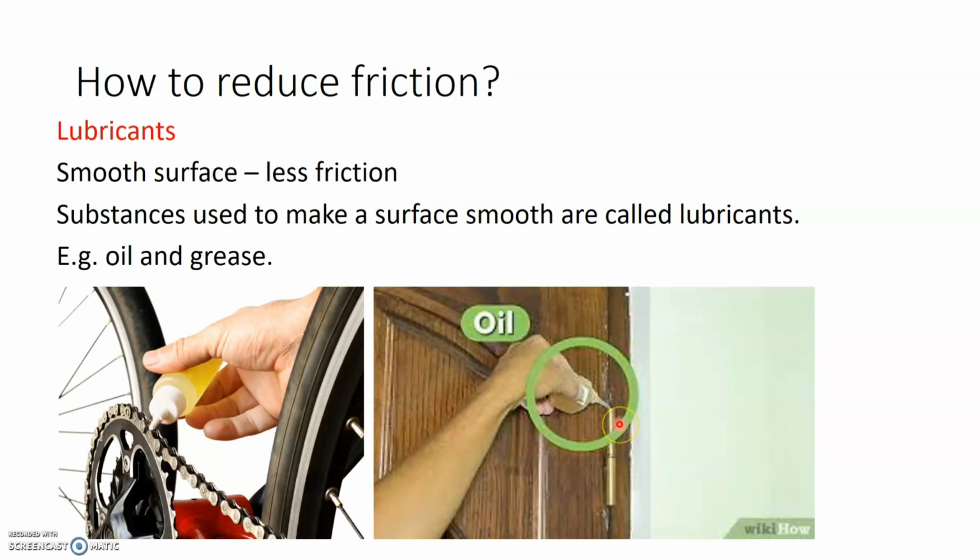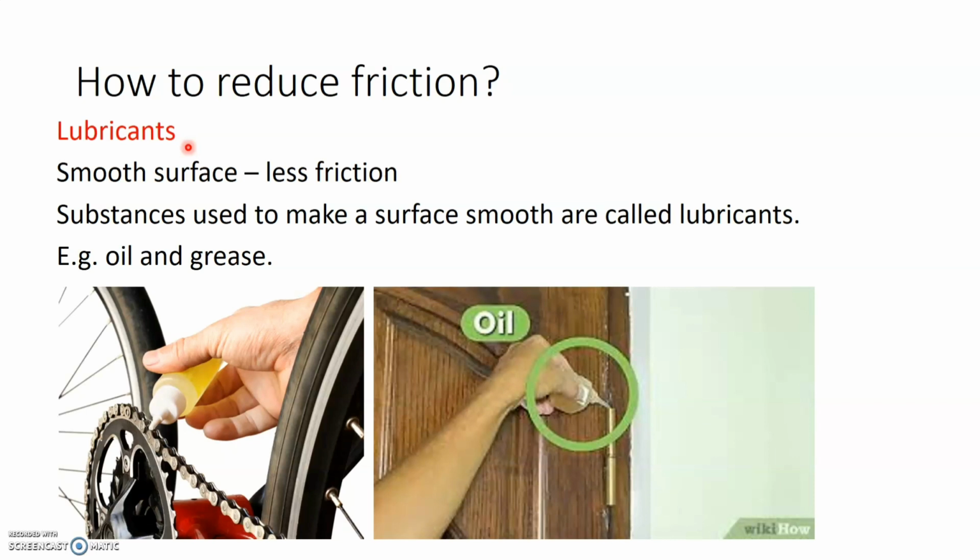This helps in the easy opening and closing of the door, which means it reduces friction. So oil and grease are called lubricants because applying oil and grease makes a surface smooth. Such substances that make a surface smooth are called lubricants.